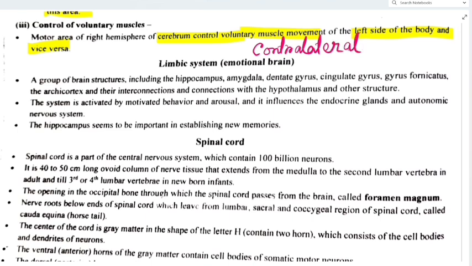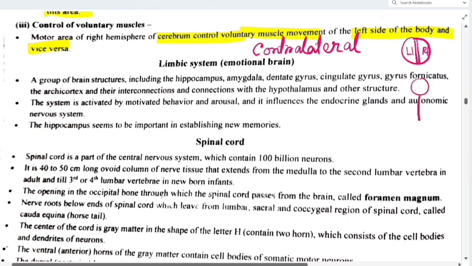So I have already taught my students also. See, easy way to remember. This is your brain, right? This is your left and right. Fine. And here it is your body.